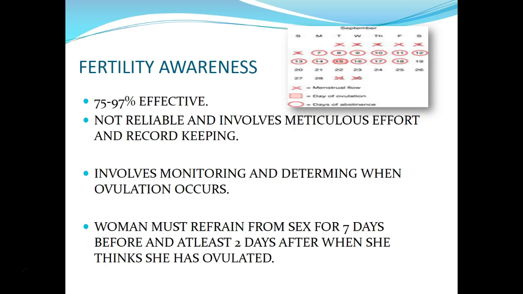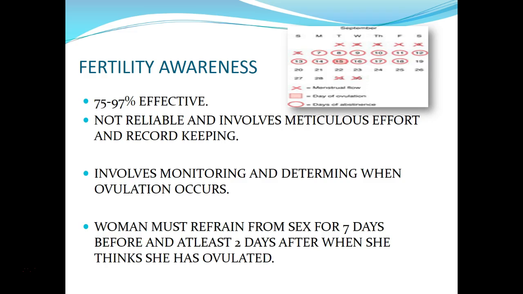All right, moving on to fertility awareness. This is basically like the calendar method. So it's 75 to 97% effective, depends on how good you are and how well you know your body. It's not very reliable and it involves meticulous effort and record keeping on the part of the woman. It involves monitoring and determining when ovulation will occur.